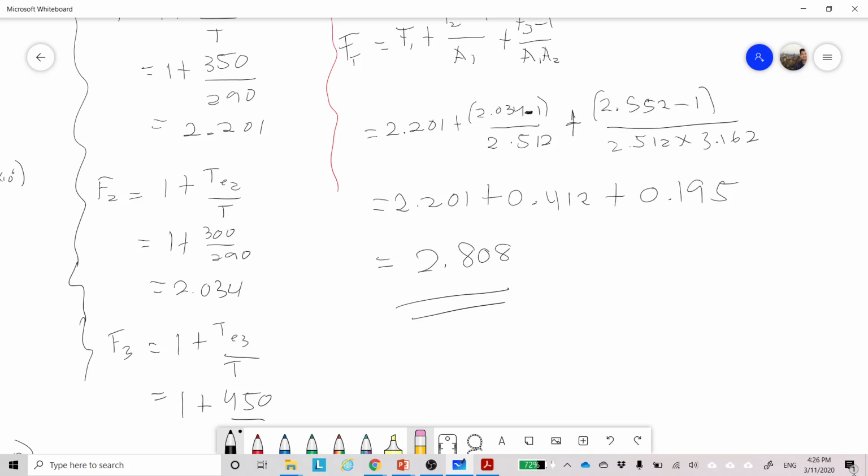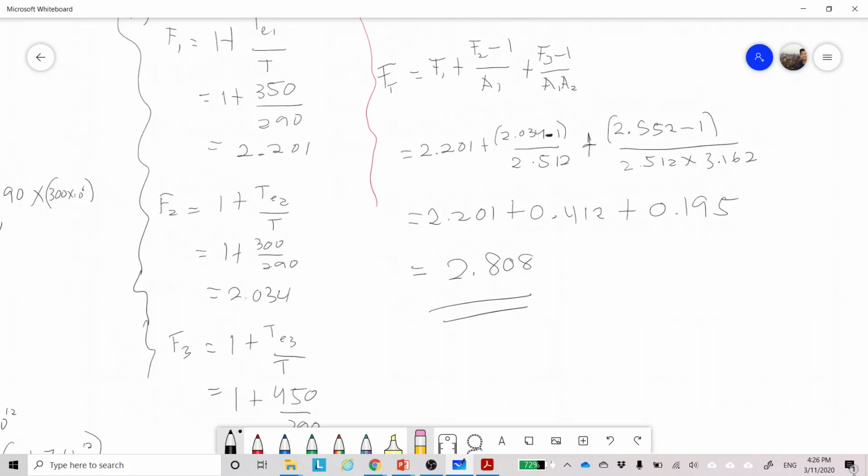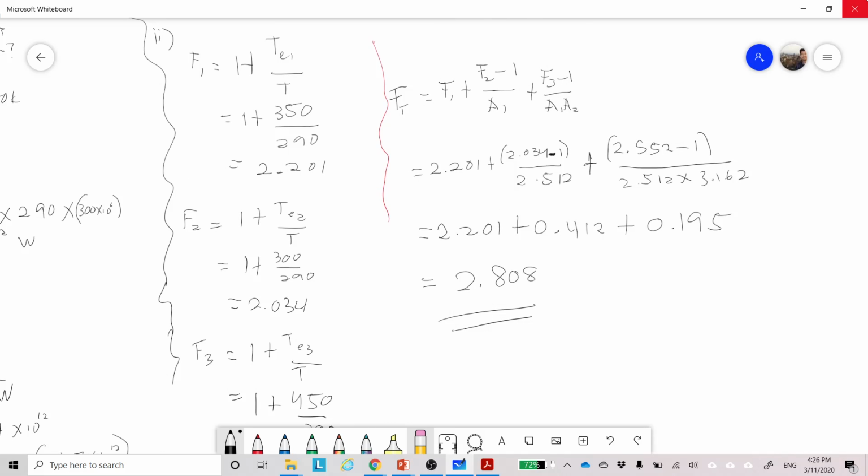So saya dapat F total. Okey, saya dapat F total. Siapa ada soalan boleh terus tanya silakan bertanya. So selesai soalan yang kedua.